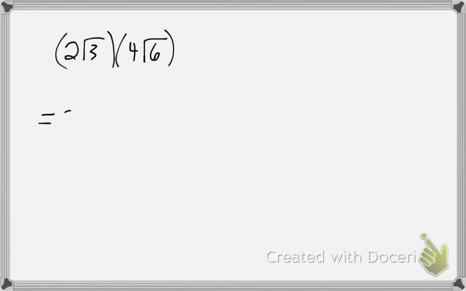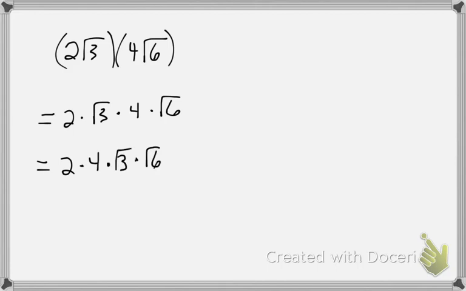So if I write it out, that's a 2 times the square root of 3 times a 4 times the square root of 6, right? Multiplication is commutative, meaning the order I multiply in doesn't matter, right? So couldn't I do 2 times 4 times square root of 3 times square root of 6? Same thing, right?